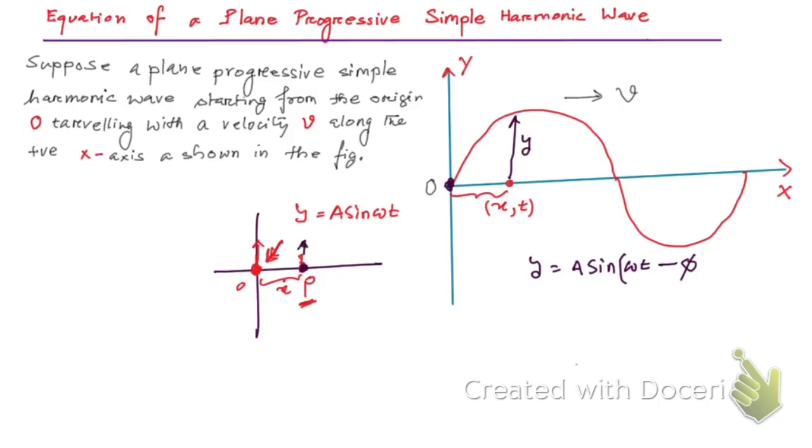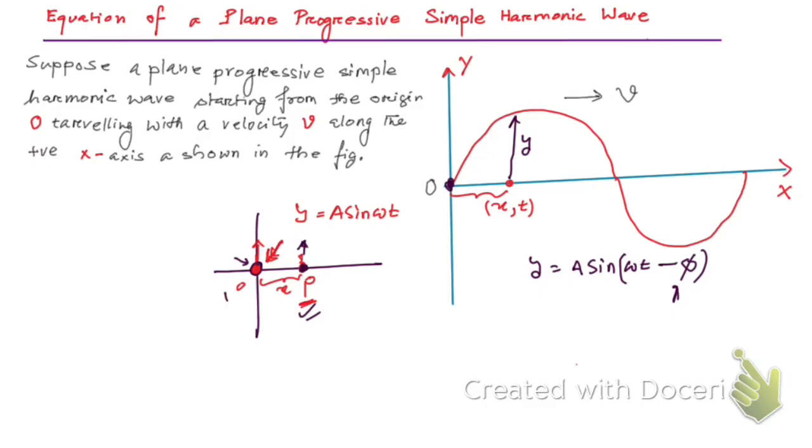The particle at O started oscillating earlier than the particle at P, so there will be a lag of phase. There must be a phase difference, which we have considered as phi here.